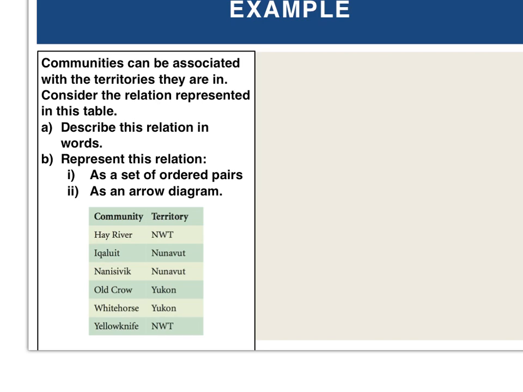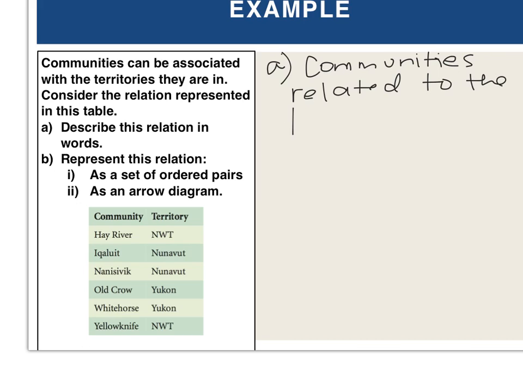So to describe this relation in words, honestly, I'm not looking for much here. This is pretty much already there, but just say communities related to their territories, or the territory they are in.